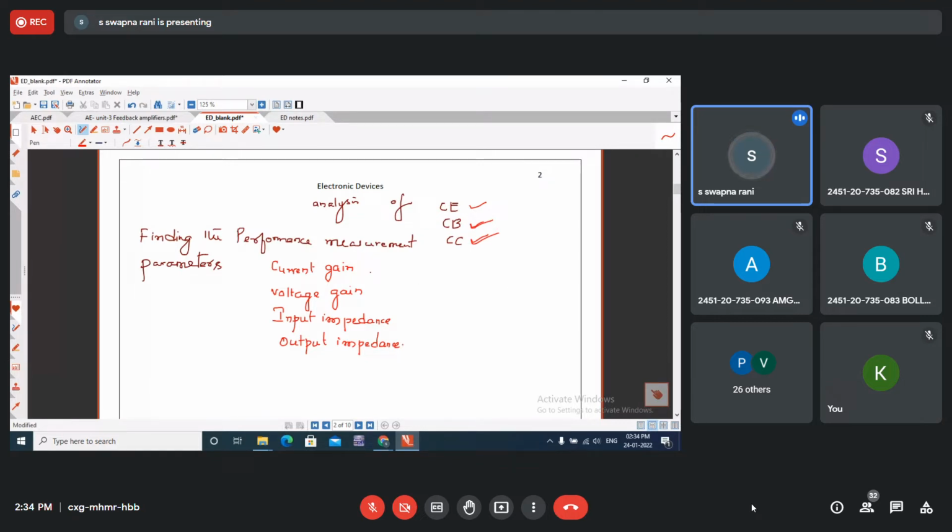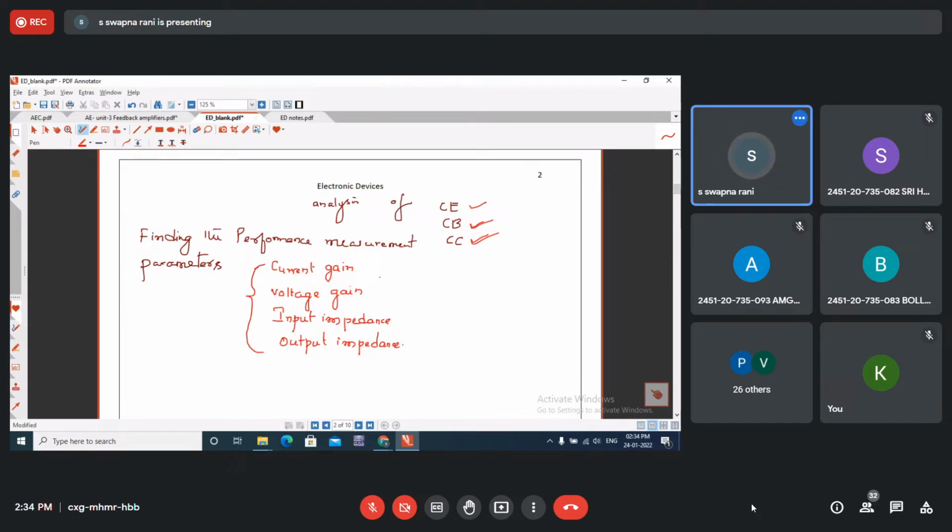Once we find these parameters for all these three amplifiers, then we can easily compare the performance of each amplifier over the other. That is why these are called performance assessment parameters.